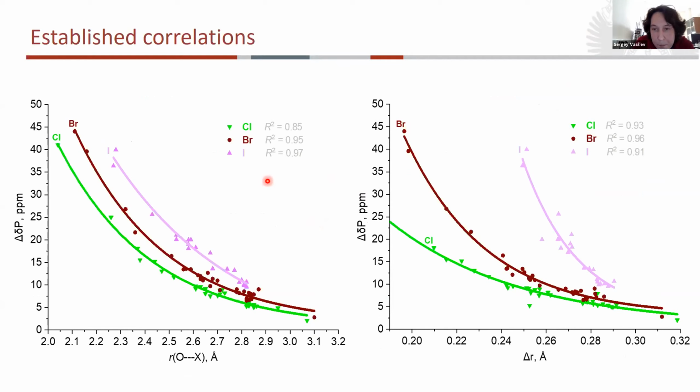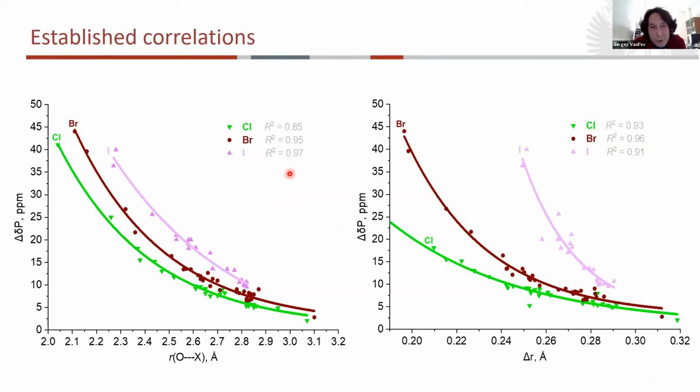Your answer, please. These dependencies contain the same number of data points, but for chlorine, when we consider this dependence, the scattering is much stronger. On the left graph, I can see that the scatter of the data for chlorine is larger.